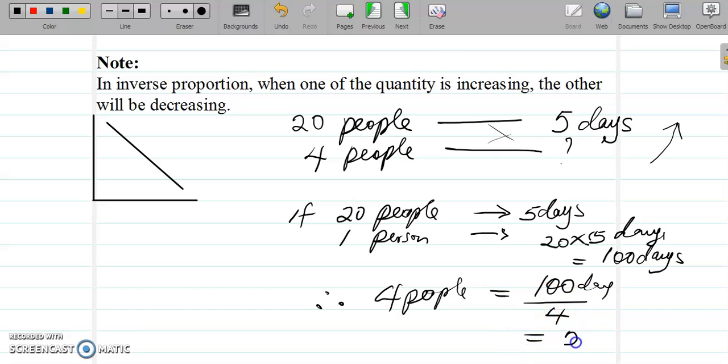So 100 divided by 4 is what? 25. You can see that 4 people will do it in what? In 25 days. The number of people decreases, the number of days increases. The number of people increases, the number of days decreases. That is what we call what? Inverse proportion.